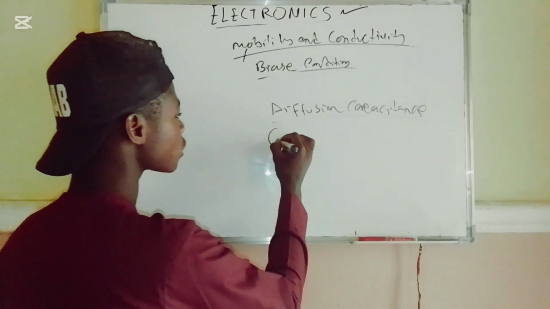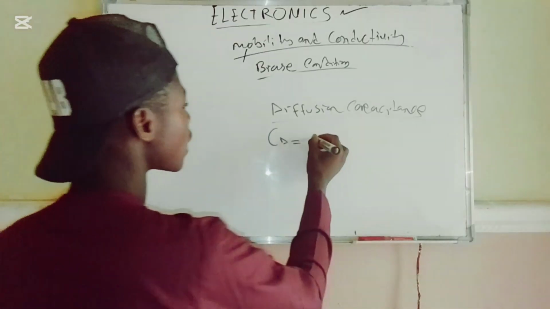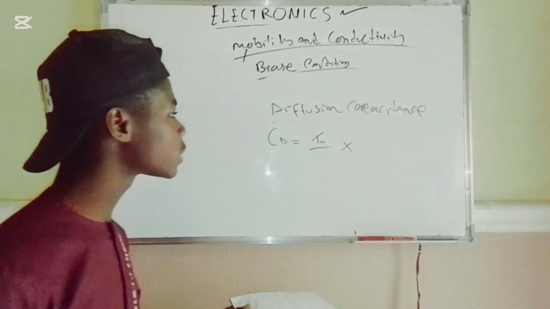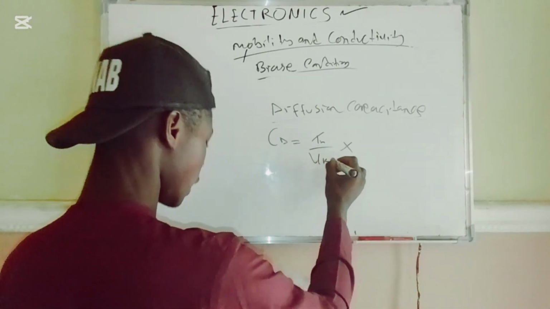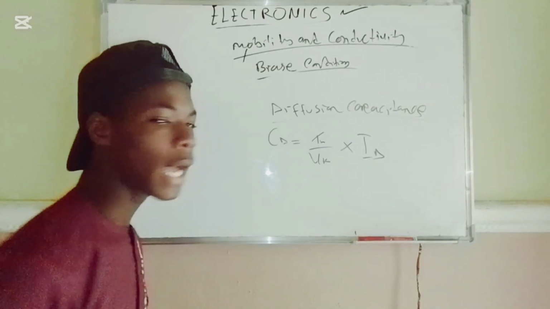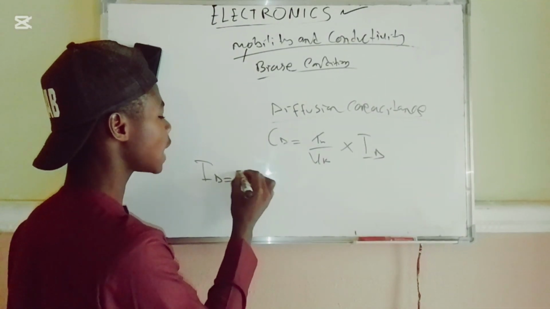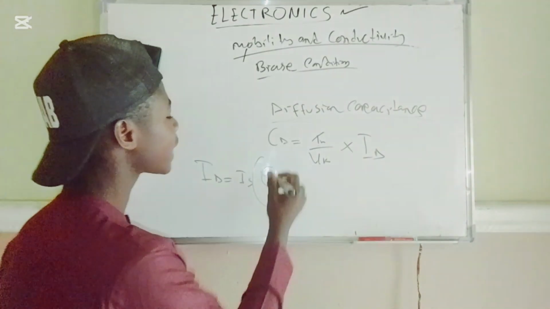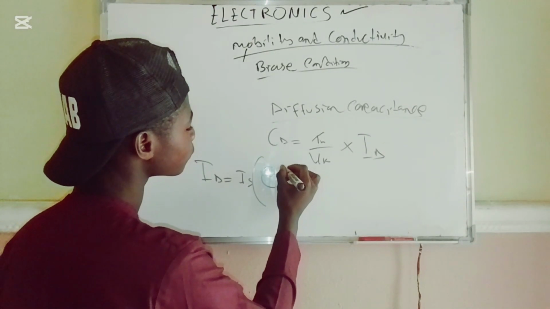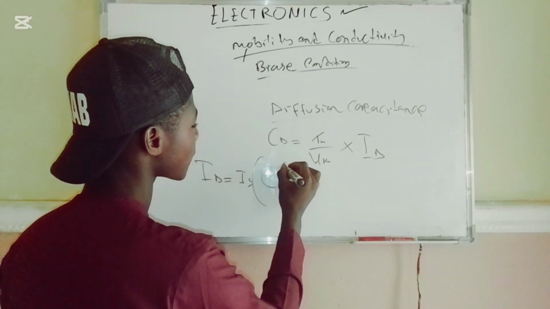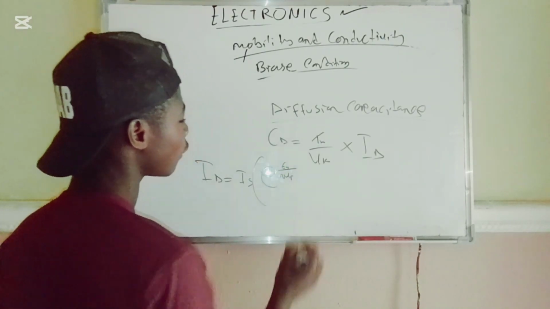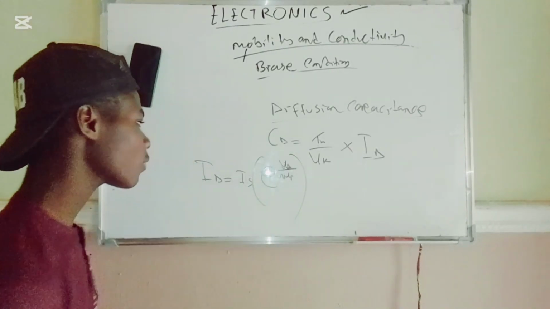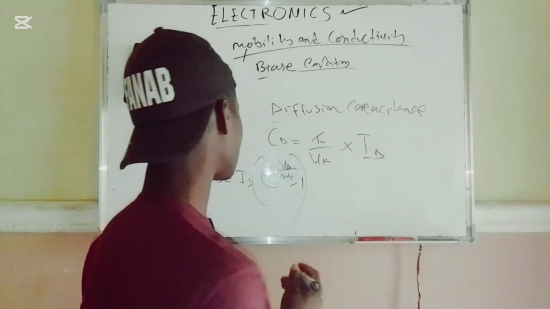The diffusion capacitance stands for CD, which equals the minority carrier lifetime multiplied by ID, divided by the knee voltage. As you all know, the diode current is equal to IS into brackets of exponential of VD divided by N VT, minus 1. This is the formula for ID.